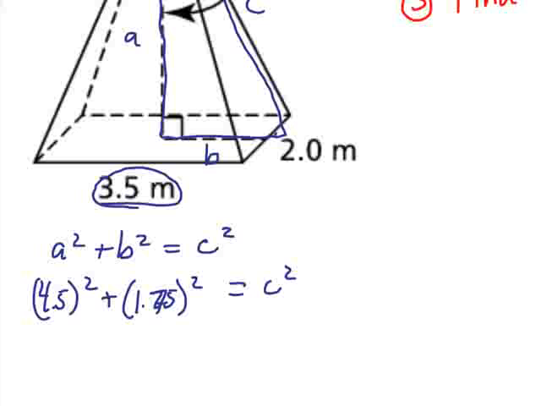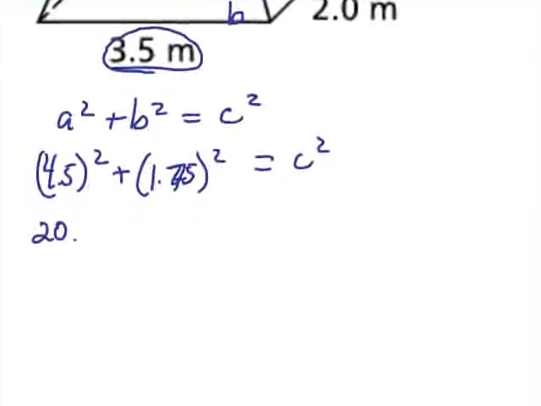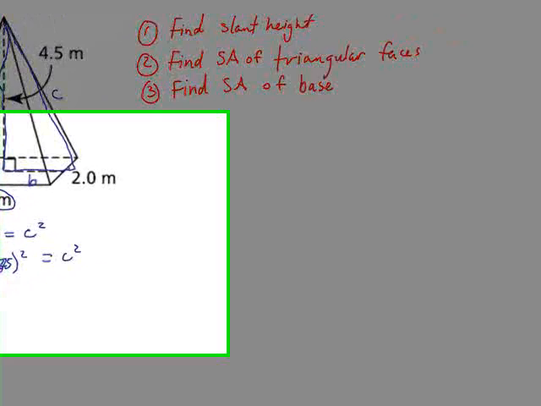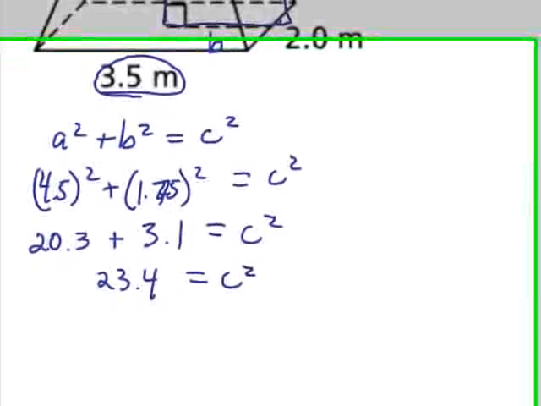So 4.5 squared, we're going to round to the nearest tenth, so it's 20.3, plus 1.75 squared is 3.1, and that will equal c squared. So now we have 23.4 equals c squared.